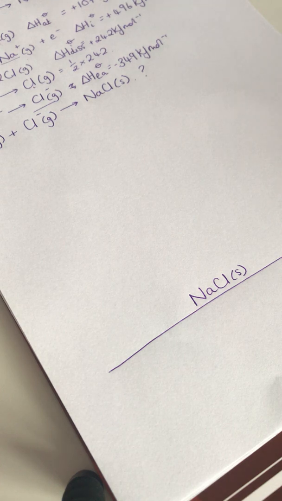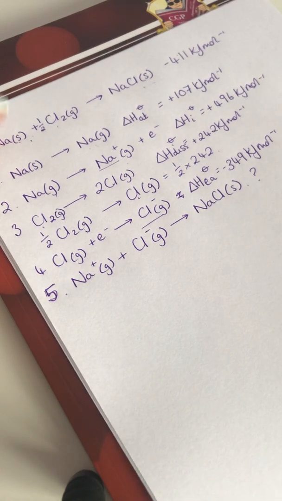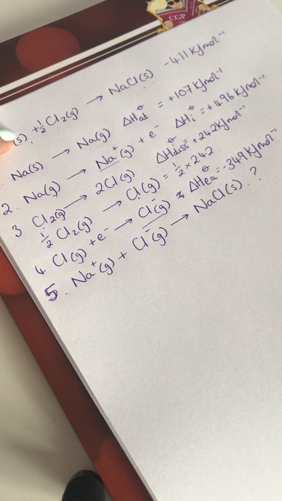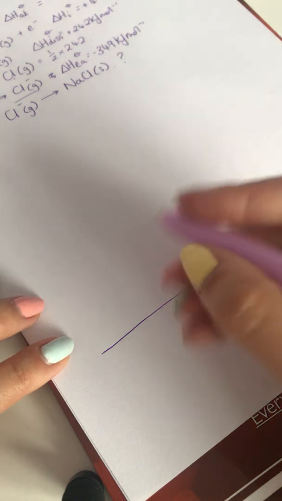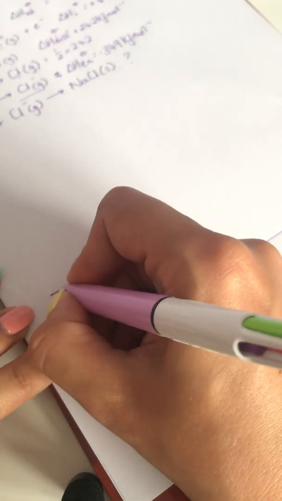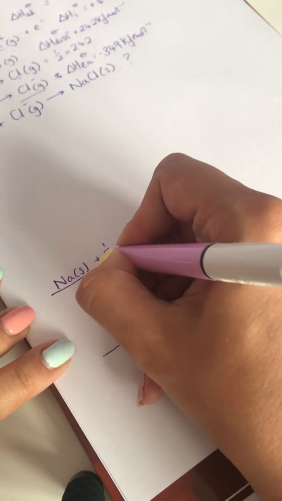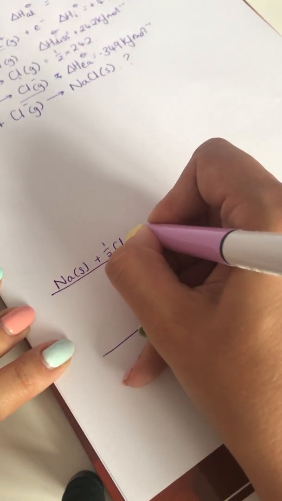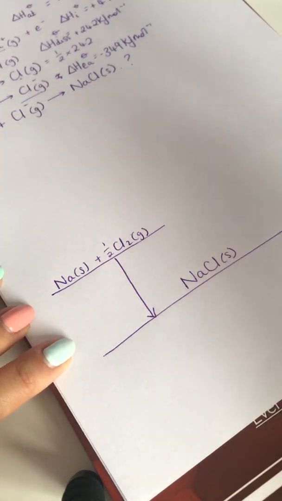The first thing I'm going to put on here is my first step, my actual equation, so my sodium solid and my chlorine producing NaCl. That's going to go just above my final product, because what I've got here is sodium solid plus half a chlorine gas will produce sodium chloride.